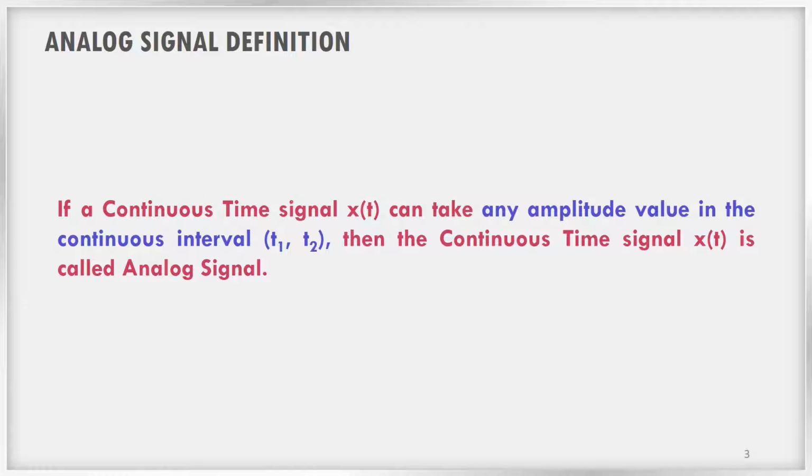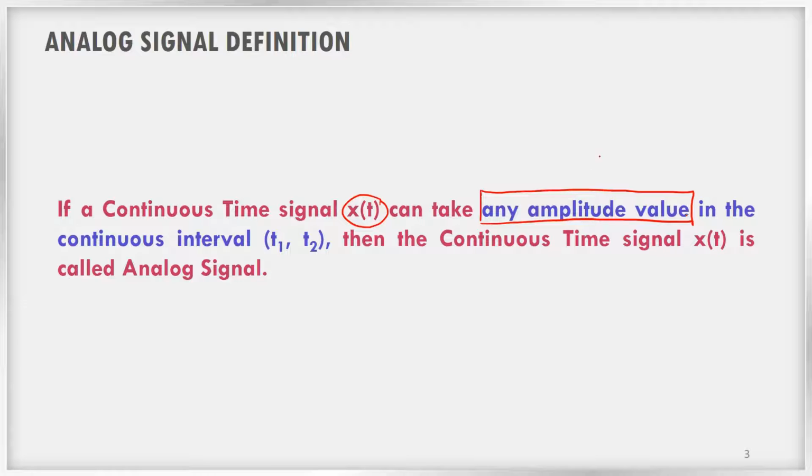If a continuous time signal x of t can take any amplitude value, so this word is very, very important, if a continuous time signal x of t can take any amplitude value in the continuous interval t1 to t2, then that continuous time signal x of t is called an analog signal.